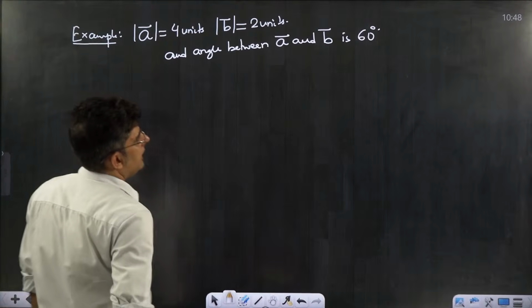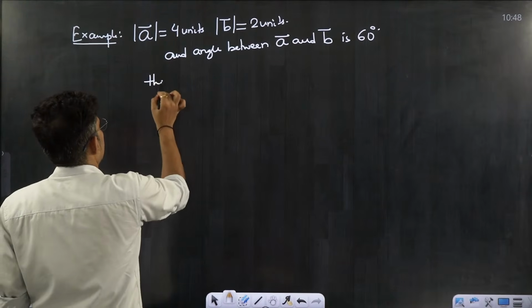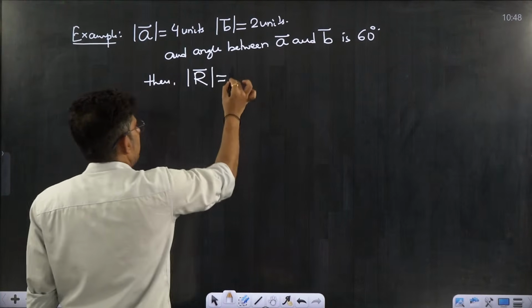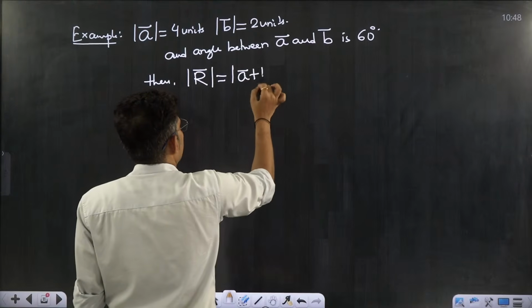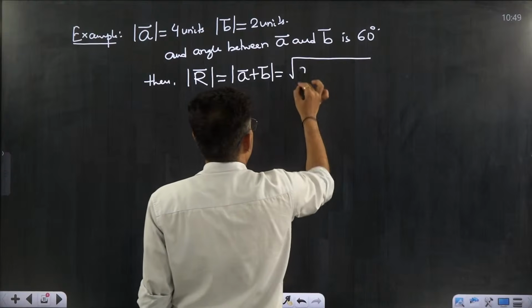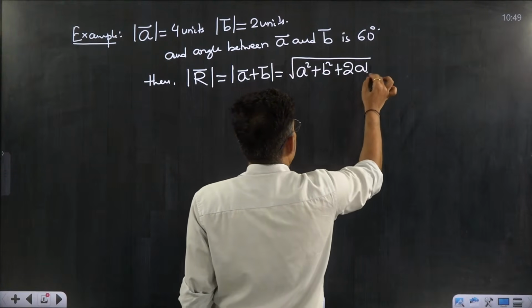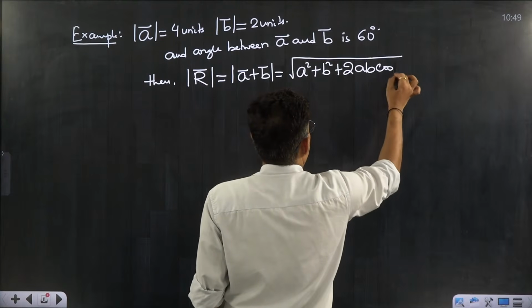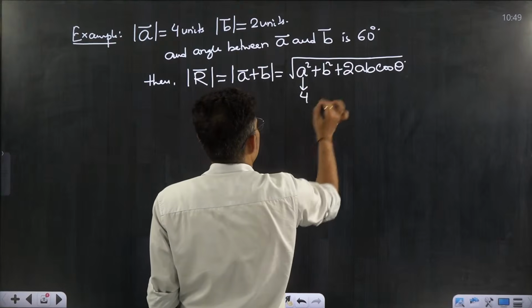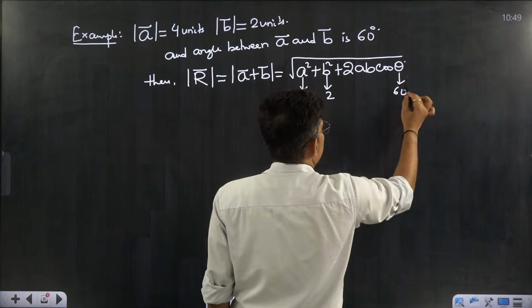So angle between A and B is 60 degree. So we can say R vector magnitude, which is the magnitude of A vector plus B vector, is equal to under root of A squared plus B squared plus 2AB cos theta. A is given to us as 4 unit, B is given as 2 unit, theta is given as 60 degree.